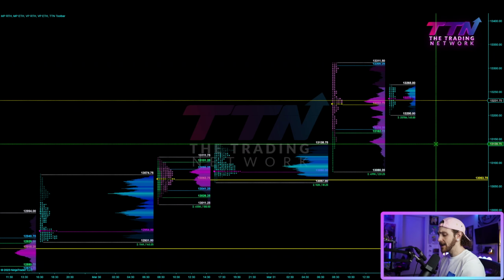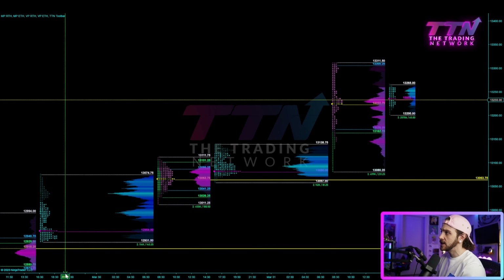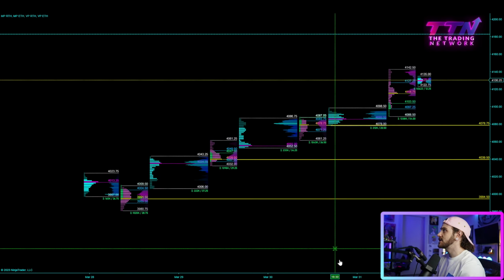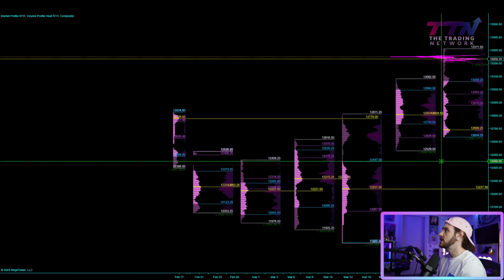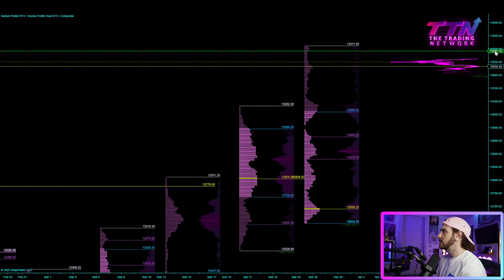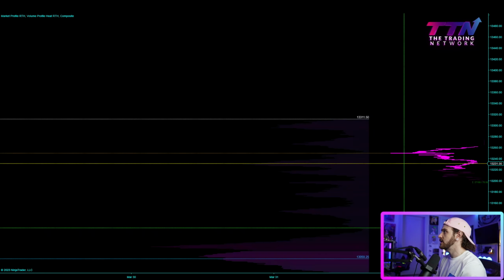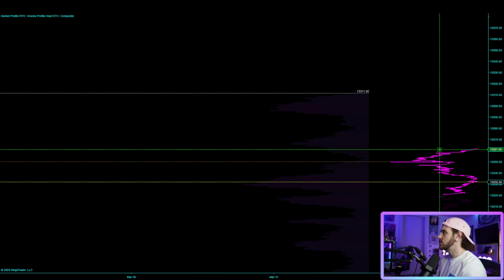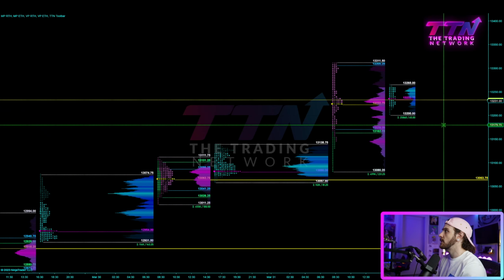So that, without taking up too much of your guys' time, is what I will be looking at on NQ session profile. ES is very, very similar. You guys can see here. But first, I want to go to the NQ weekly profile and just show you guys what I would be looking at here. So firstly, the monthly volume composite is obviously just starting right here, but this is this 13,250 level, okay?